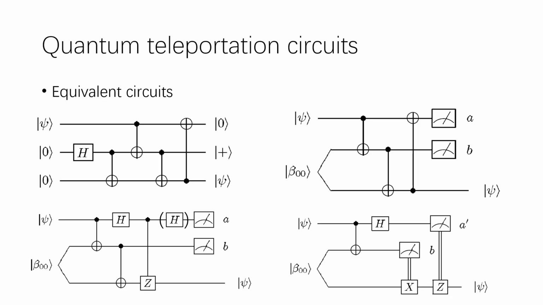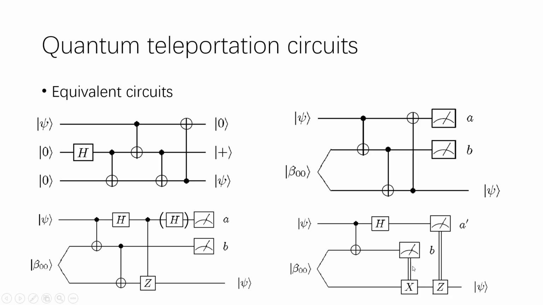So those are different equivalent circuits, and here this basically writes out how you generate a Bell state, and this is another version of the quantum teleportation circuit. On the right down corner we have the original quantum circuit, and on the left down corner we change the classically controlled gate to a quantum controlled gate.